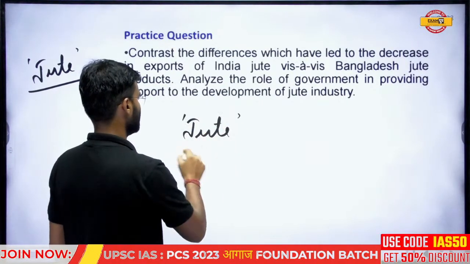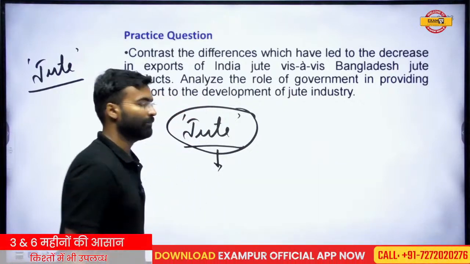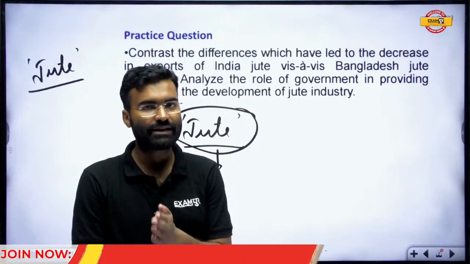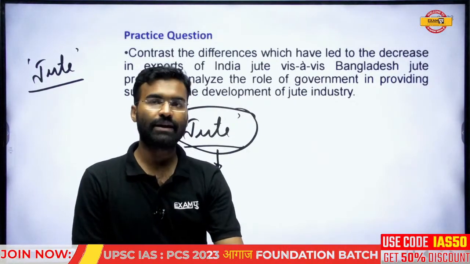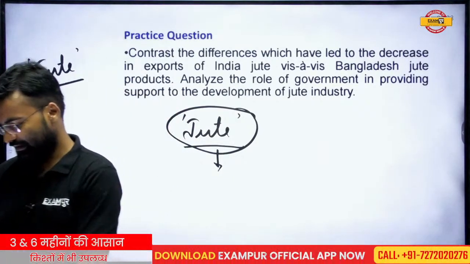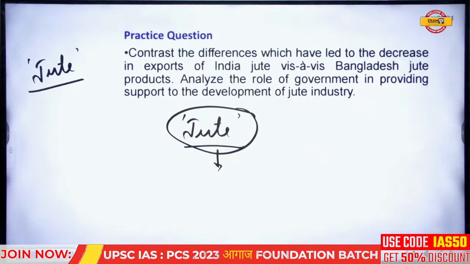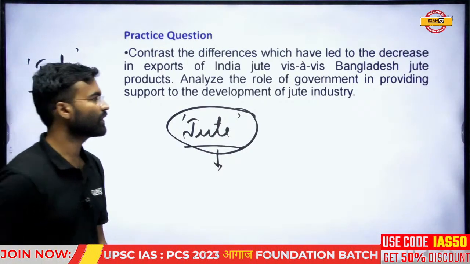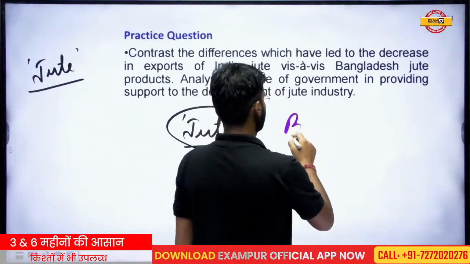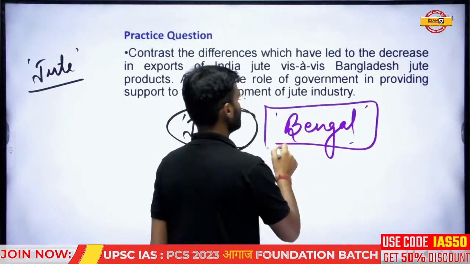The maximum jute production in the world was shared by this region, which is a delta region. The Bengal region is famous for jute production.